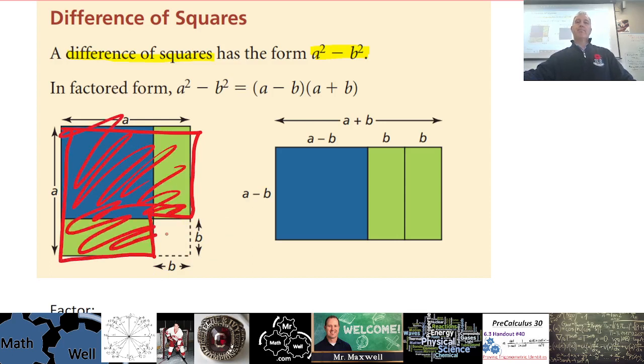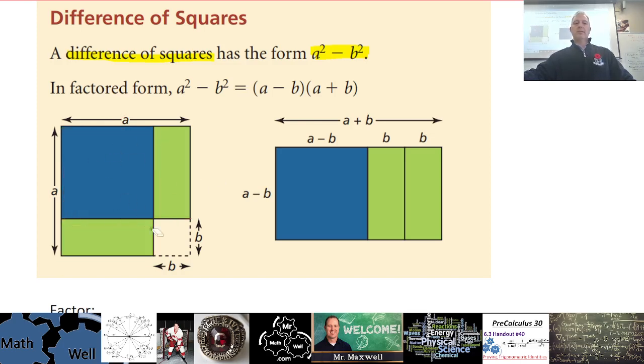Everyone see that? Now, if we separated these, then we could rearrange this, taking this piece right here and putting it up over here. We could rearrange this into a perfect rectangle, and it would look like this one. Another way that you could show the dimensions of this rectangle would be A minus B, that's this part right here, A minus B, plus B, that's this length, times A minus B as well.